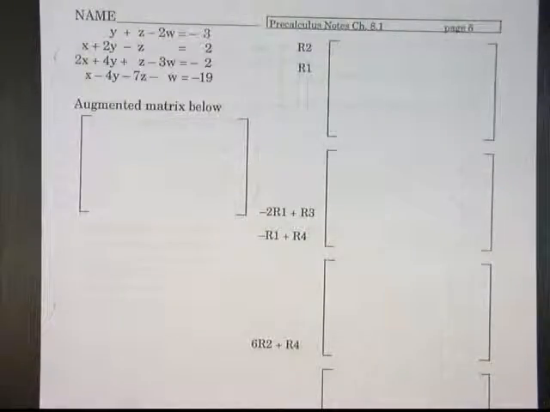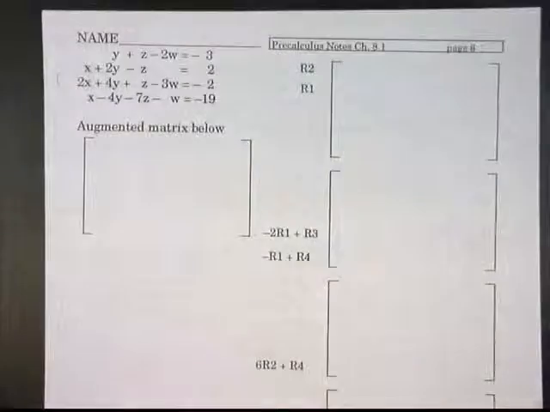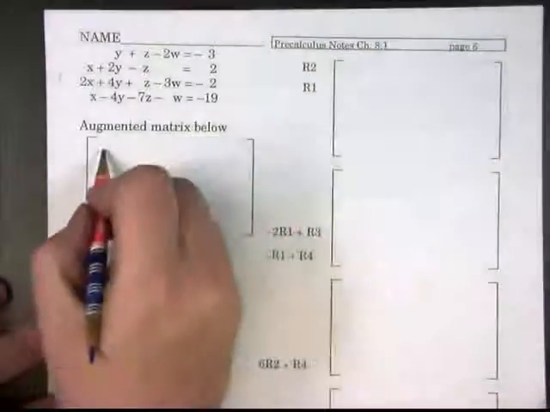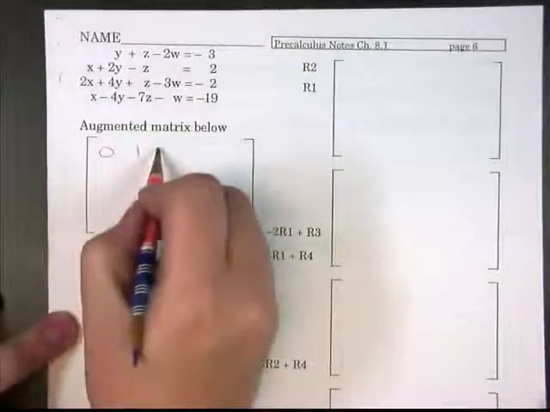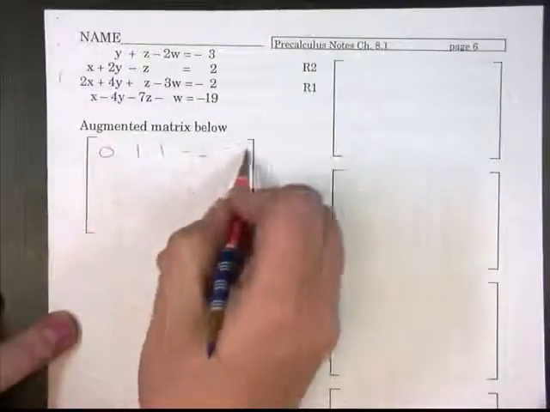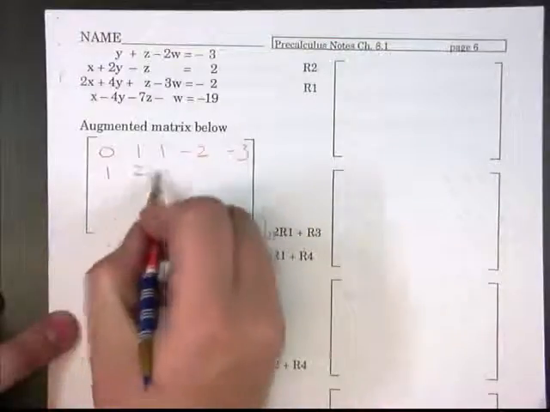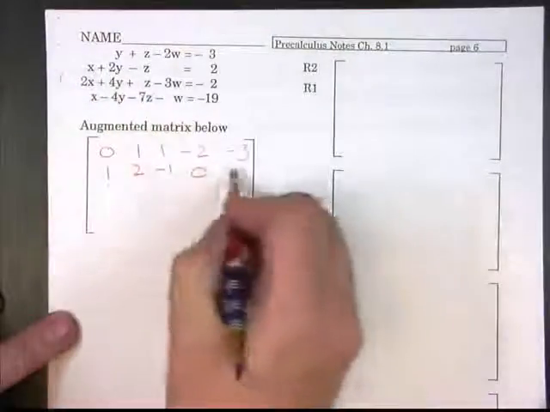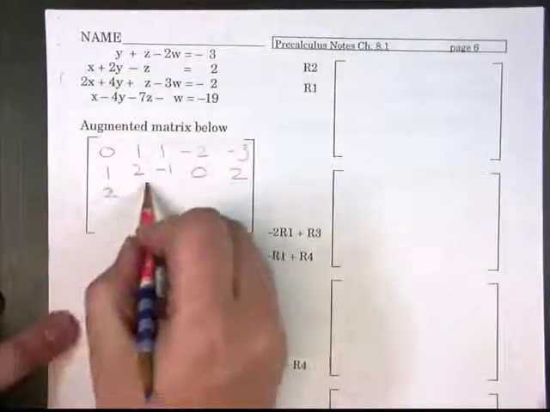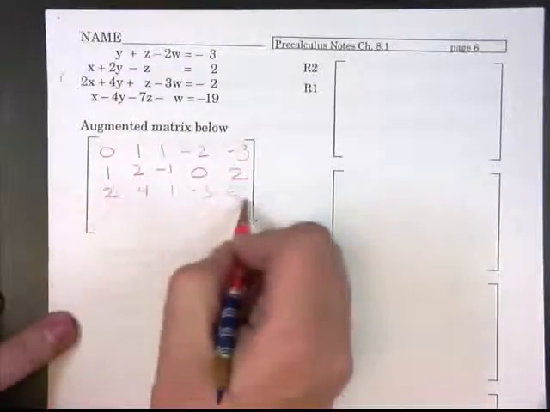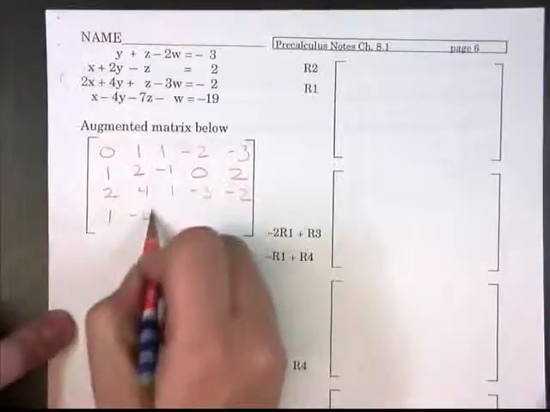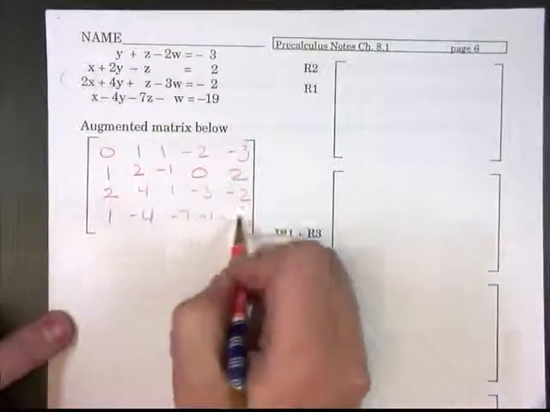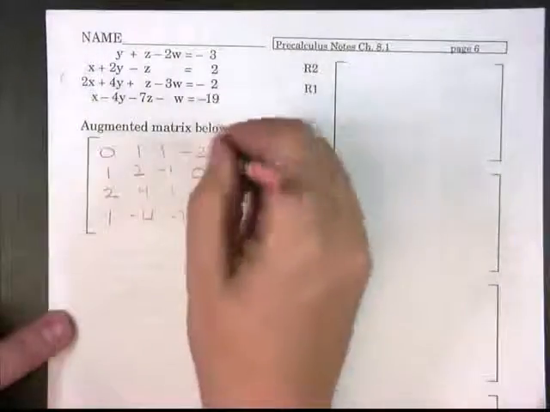All right, so here on page 6, we have 4 letters, 4 equations. The augmented matrix is all of the coefficients and the answers: X, Y, Z, W, and the solution. So then this is our augmented matrix.